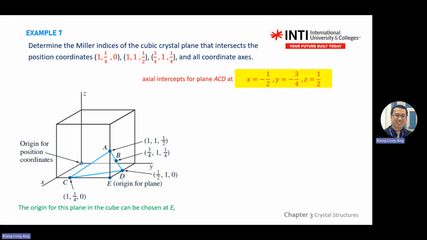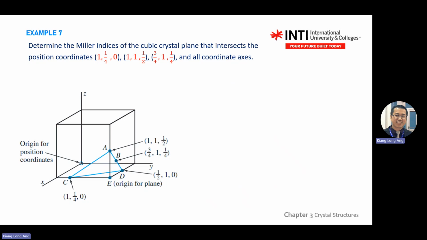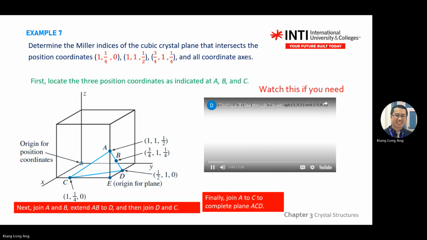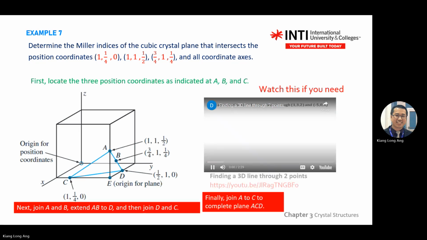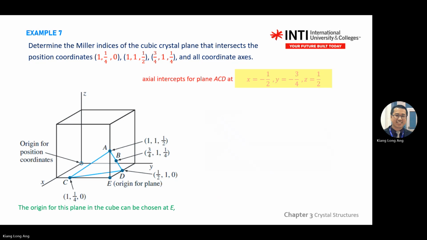So once we get it, the plane ACD lands at x minus half, z half, y, z is half.